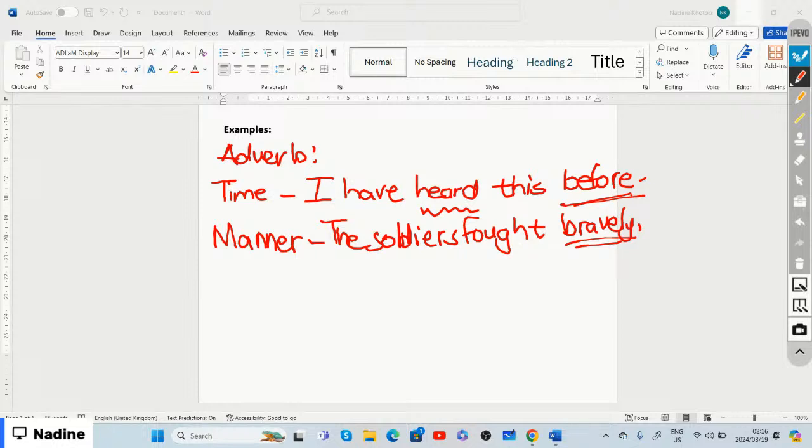Then we also have the adverb of place. An adverb of place basically tells us where something is, where something is taking place, where something is going, where something is happening.